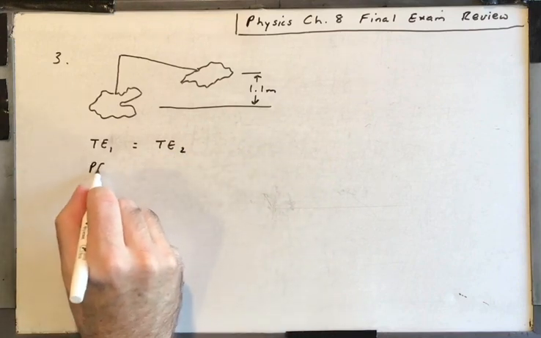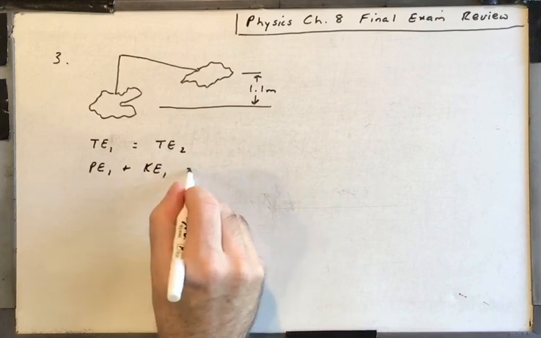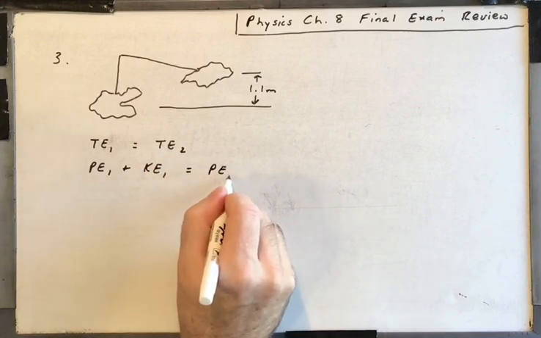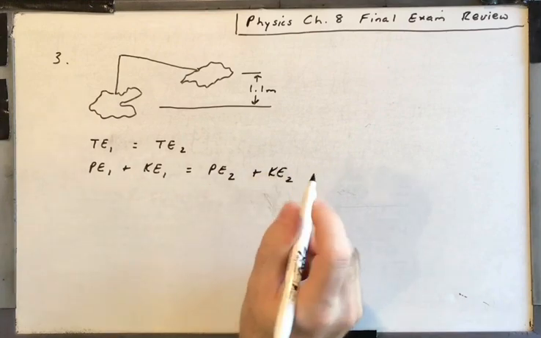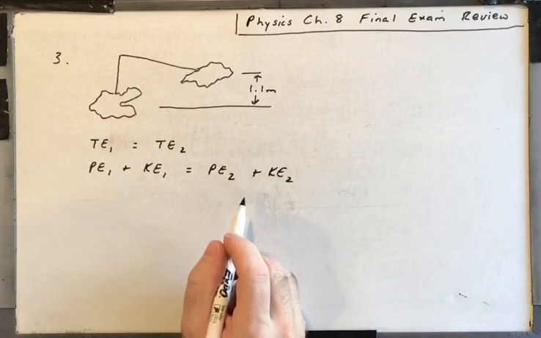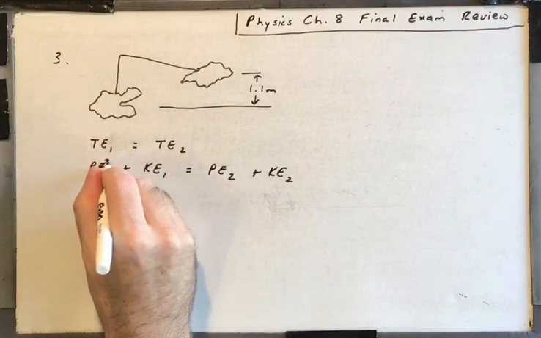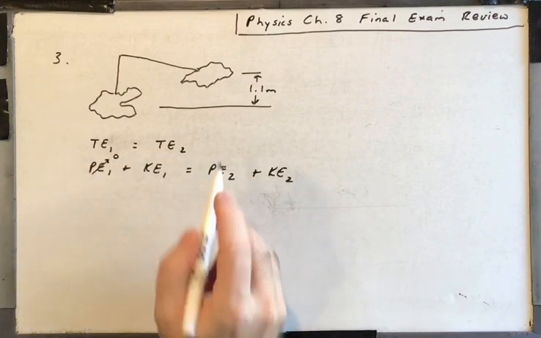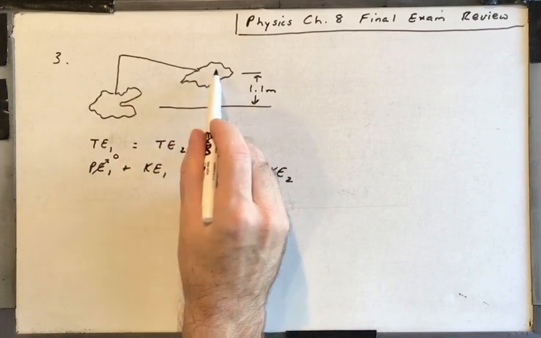So that's going to be the potential energy plus the kinetic energy equals potential energy plus kinetic energy. Now this kind of problem, a lot of stuff is 0. We don't have any height in situation 1, and we don't have any motion in situation 2 because it's at its maximum height.